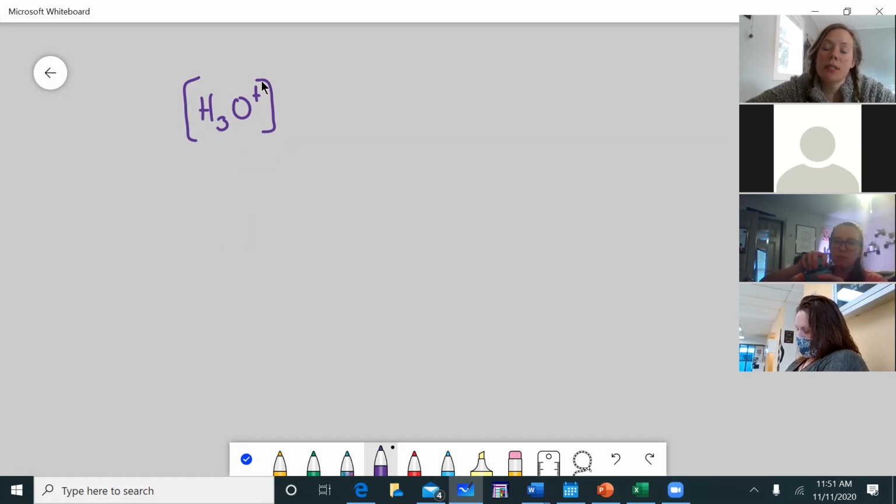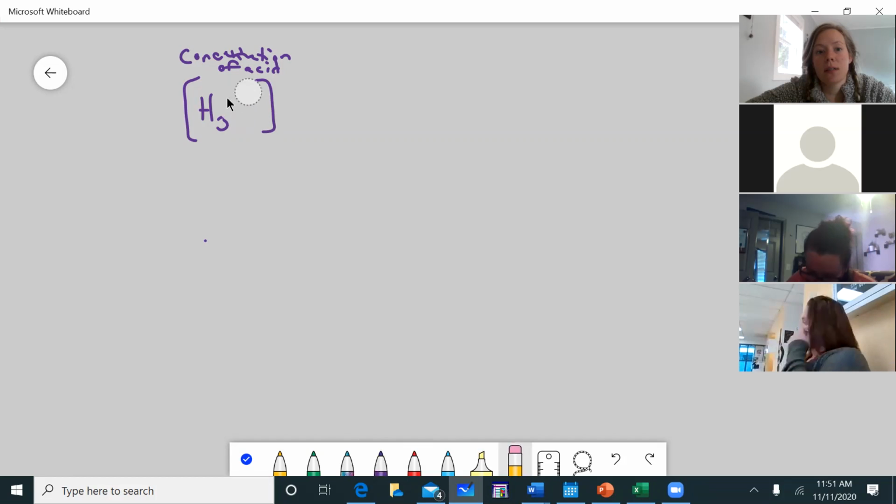Whenever you see something in brackets like this, it is talking about concentration. So if you want to, you can say concentration of acid. Sometimes instead of H3O plus, you may see it written like this, H plus. That is the same thing, okay? We're good with either of those. Those are interchangeable to each other.